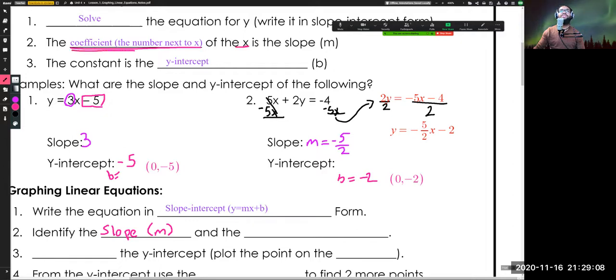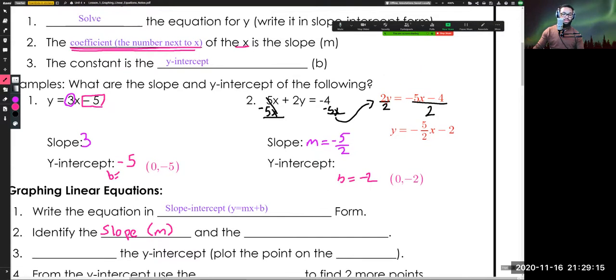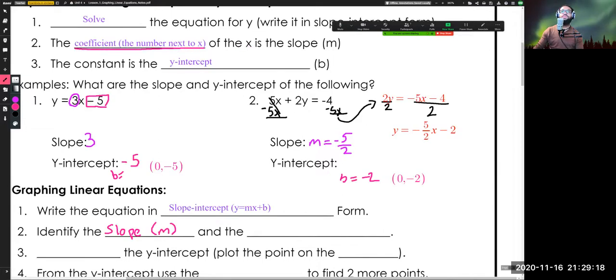So we're going to identify the slope after we have written the equation in slope-intercept form, which is our coefficient of x, the number next to x, and we're going to identify our y-intercept.